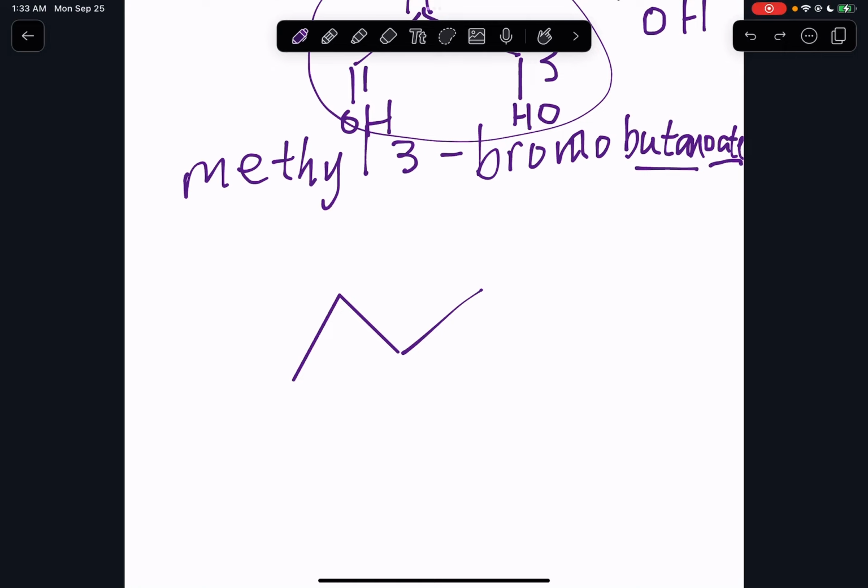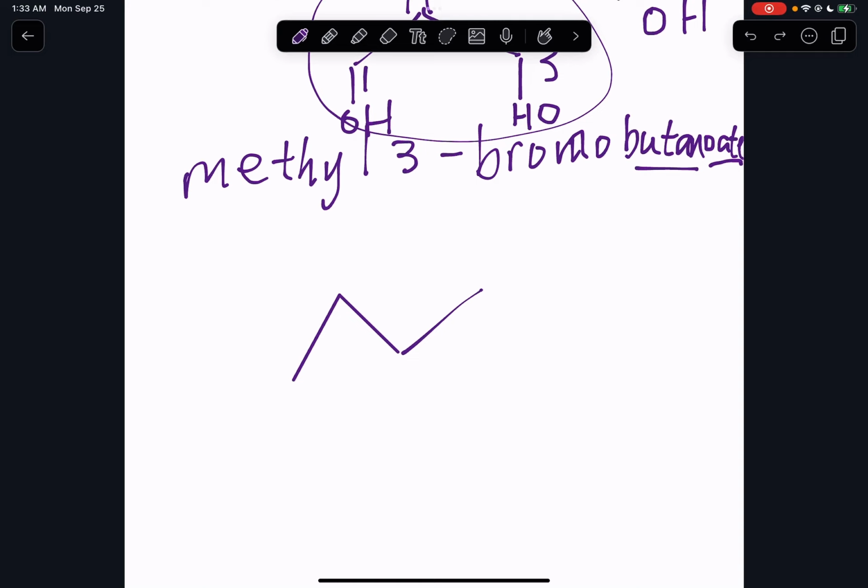So let's draw this. Let's pick a side. We can start off on the left side. How's that? First of all, we know the "oate," so we can start off with "oate."